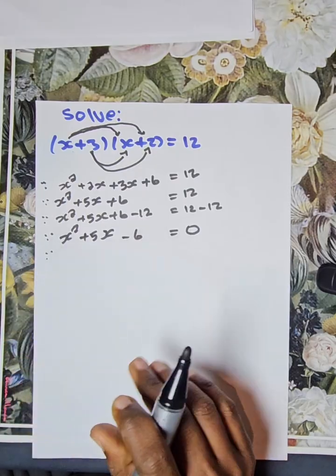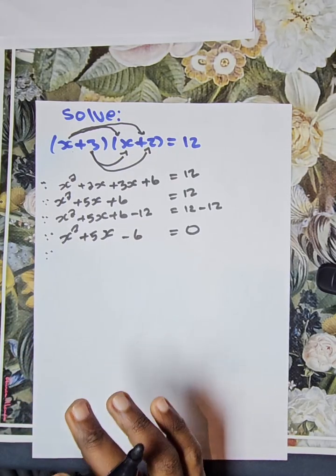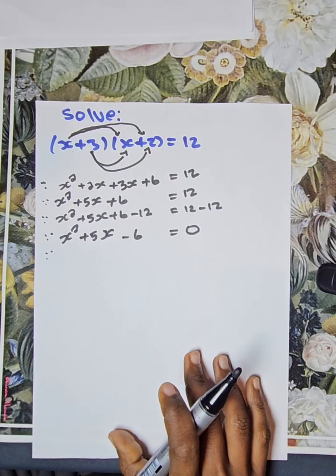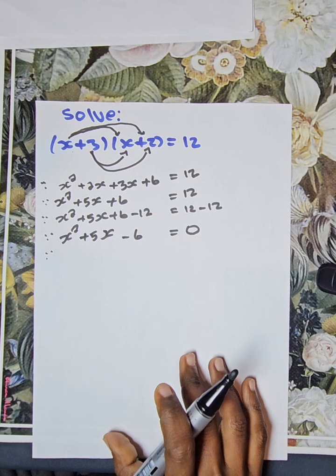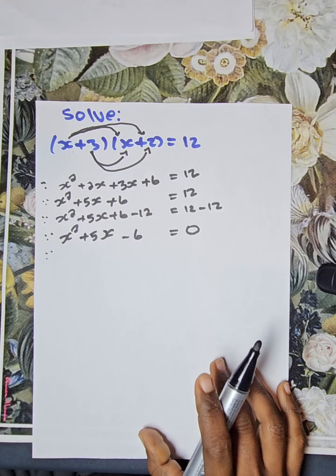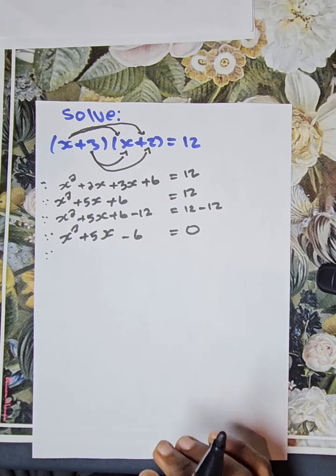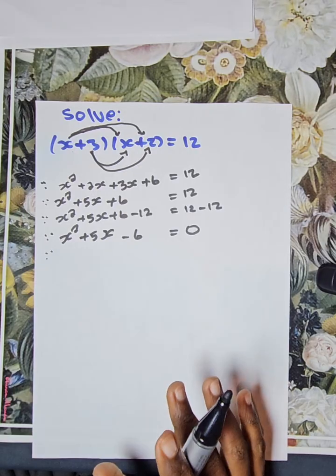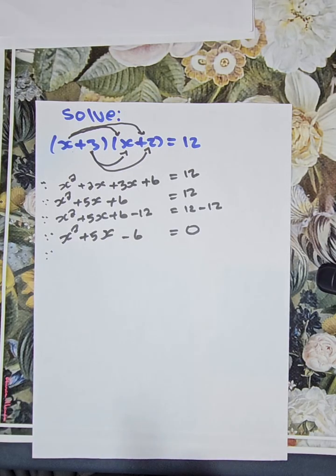Now we need to factorize. In order to factorize, we first need to check if we can take out any common factor. No common factor here. Now, let's try another way. This time, we check our coefficient of x squared. It's 1.